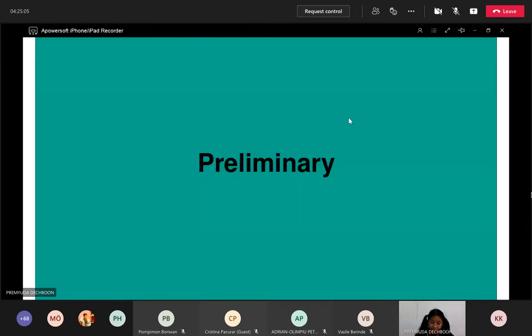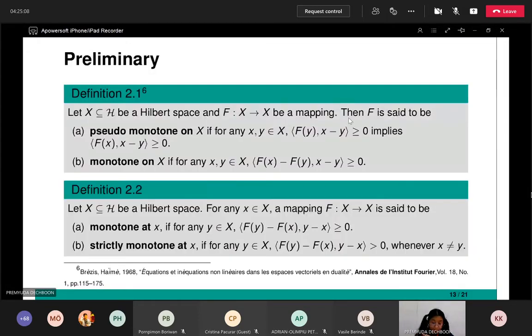In my work, I need some definitions. Let X be a subset of Hilbert space, and we consider F a mapping from X. So we can say that the mapping F, capital F, is pseudo-monotone if for any x, y we have this inequality, which implies that this inequality holds also, and monotone on X if this inequality holds.